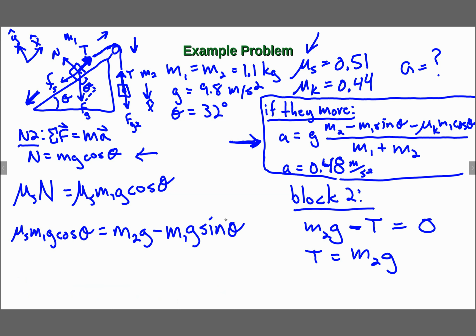And notice that g is everywhere here, so we can cancel g's. And we have mu sub s m1 equals m2 minus m1.